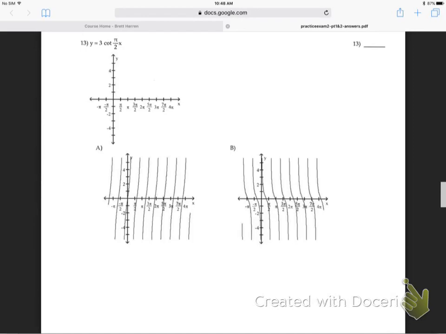Okay. Cotan, remember what you do. For cotan and cosecant, you put it between 0 and pi. Right? Instead of negative pi over 2 and pi over 2, you put what? The argument in the middle. Pi over 2x, like that. Good. And then solve for x. How do I solve this for x?